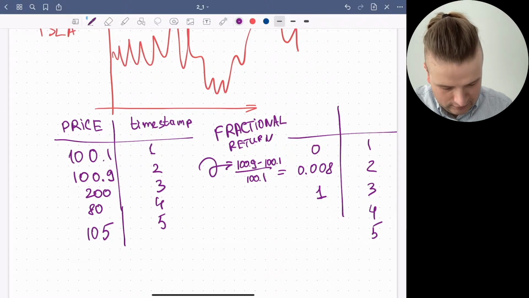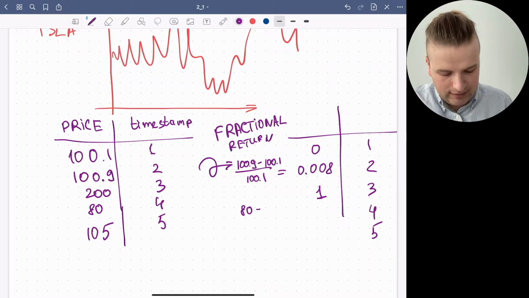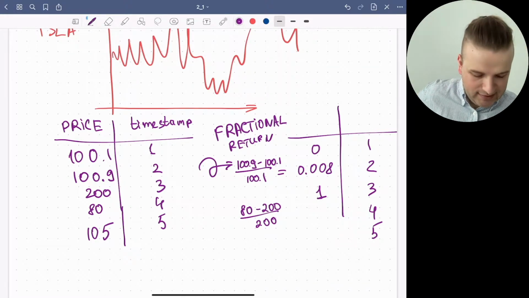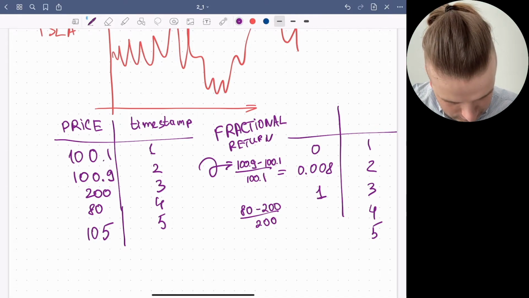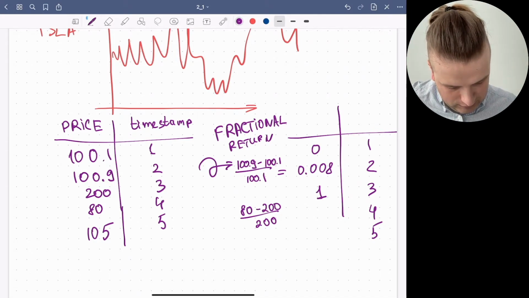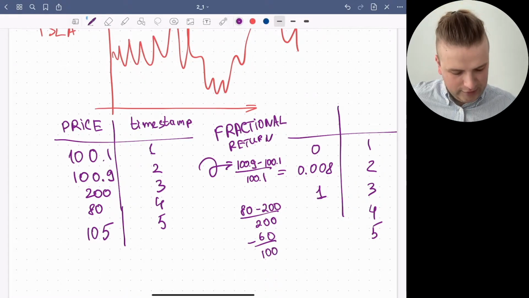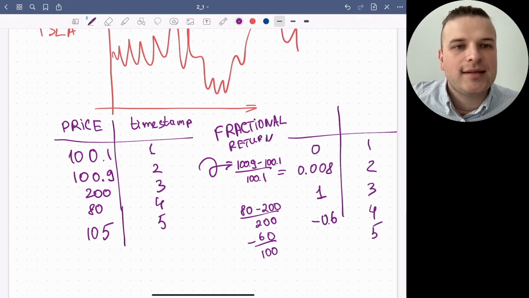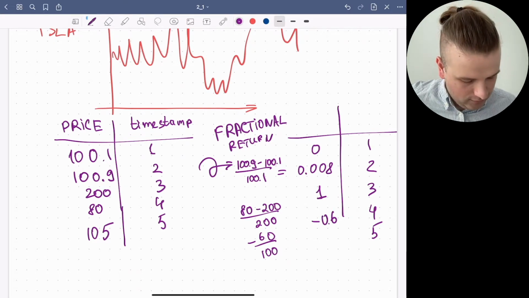And the formula for it is 80 minus 200 divided by 200, which means something like minus 60%, actually minus 0.6.